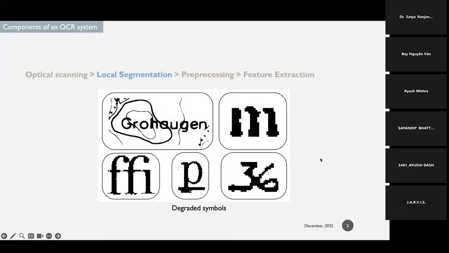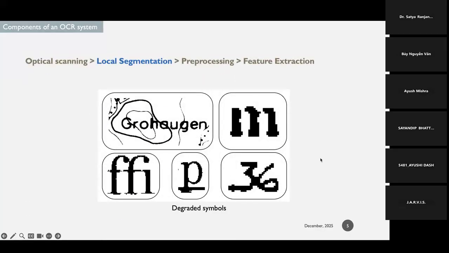Okay, so this is about the segmentation phase, right? Segmentation is a process that determines the constituents of an image. It is necessary to locate the region of the document where data have been printed and distinguish them from figures or graphics.